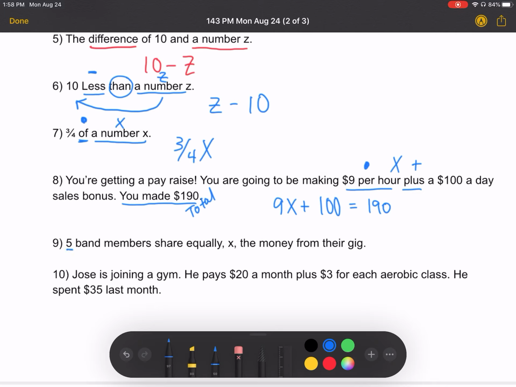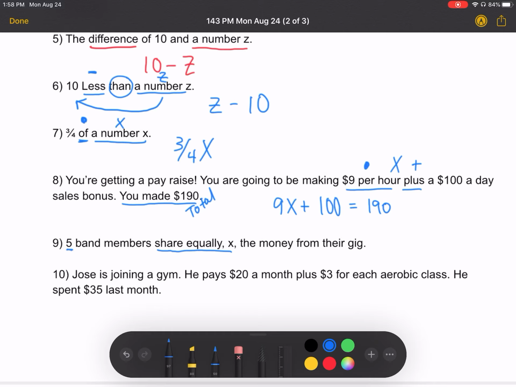5 band members share equally X, the money from their gig. So think about it this way: if I have $100 and I'm going to share that equally with 10 people, I'm going to split that into 10 parts.